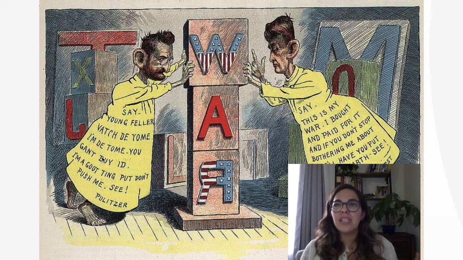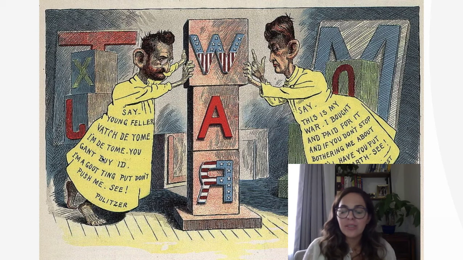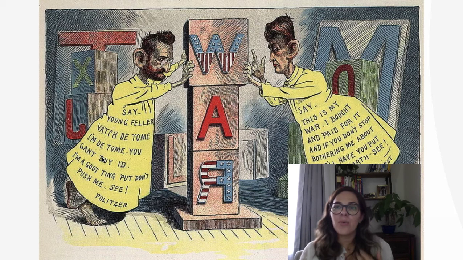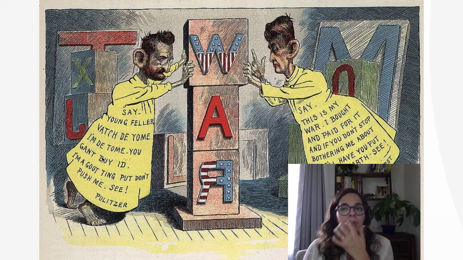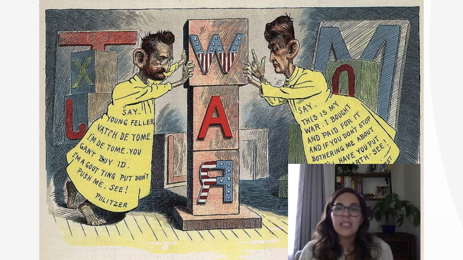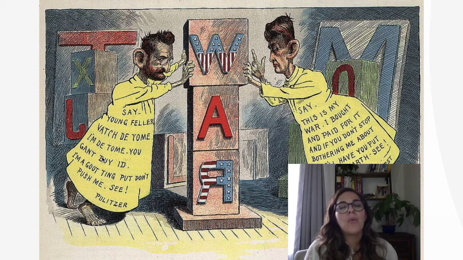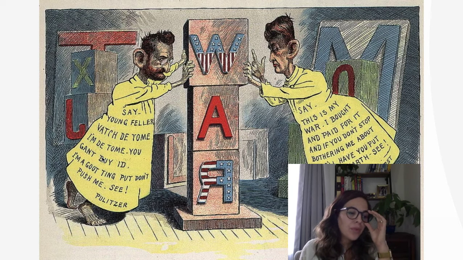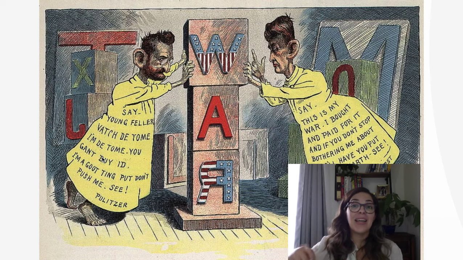More specifically, you have Joseph Pulitzer and William Randolph Hearst, who are competing with one another in the newspaper market. And what they are doing is publishing these stories about the atrocities that the Spanish are doing, but they are exaggerating them.